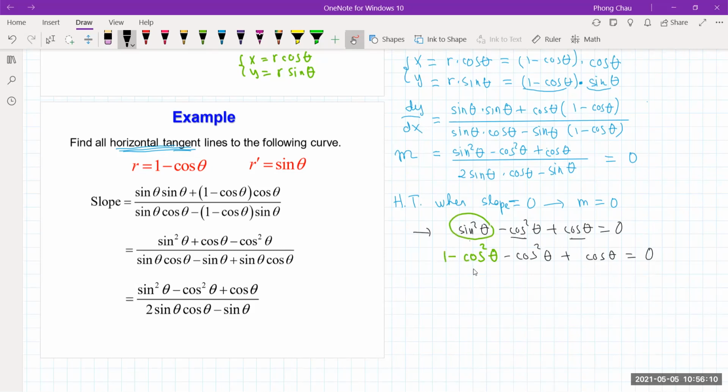So let's re-simplify. You have 1 minus 2 cosine squared theta plus cosine theta equals 0.